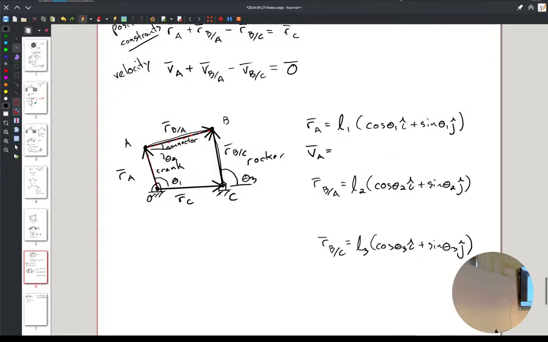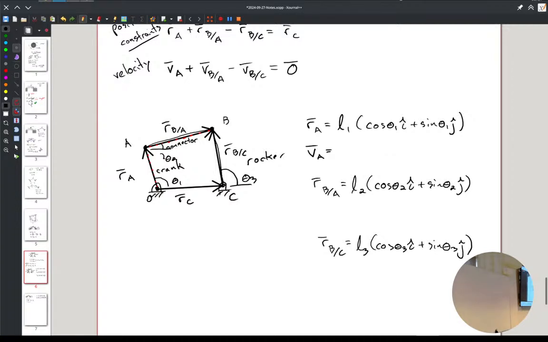Yeah, so you can map your way through it. All right, I'm gonna start taking derivatives. Yeah, and i and j are constant too.